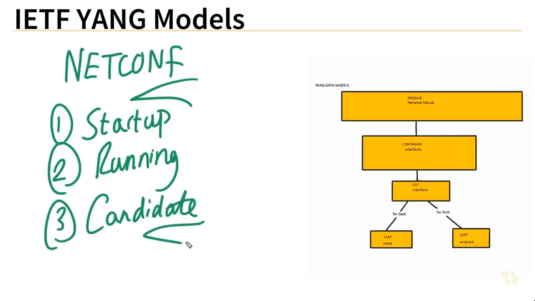Now, we don't need to dive into too much detail in this nugget on these concepts, but roughly speaking, all this is a place to have your startup configuration, a place to hold your running configuration, and a potential candidate configuration. Now, the IETF got to thinking that if we want to be able to elegantly handle this concept of having configuration data as well as operational data, and we don't want to always have to split the tree and have constant duplication, the best way to solve this would be to introduce two new data stores.